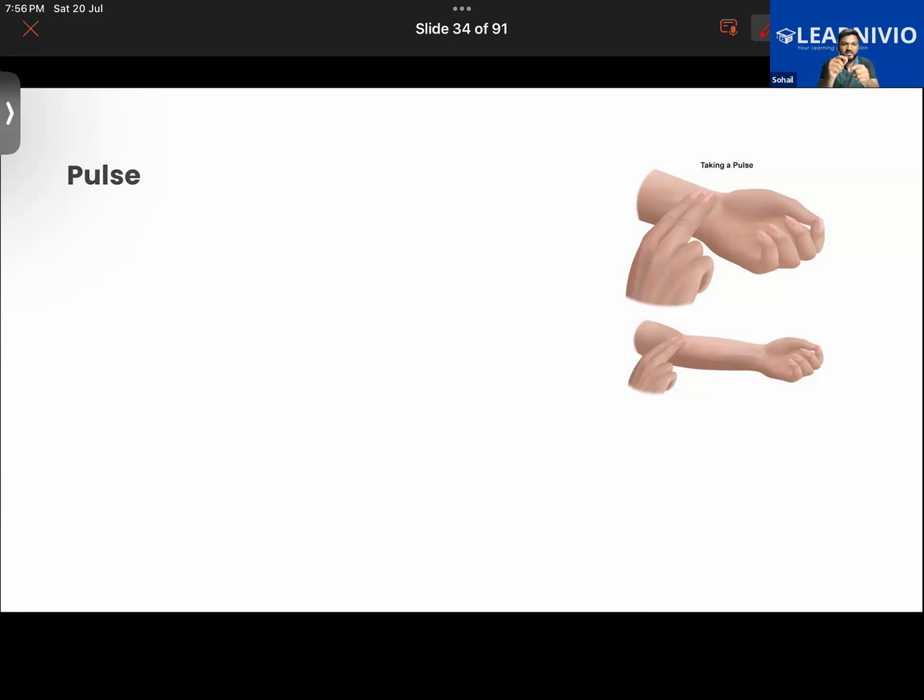So when you place your fingers on your palm, you can observe this. All of you can do it in the class. Take your fingers and place them on your palm like this. Now you can observe a throbbing sensation, like something is moving up and down. Try to move your finger here and there, you can observe.